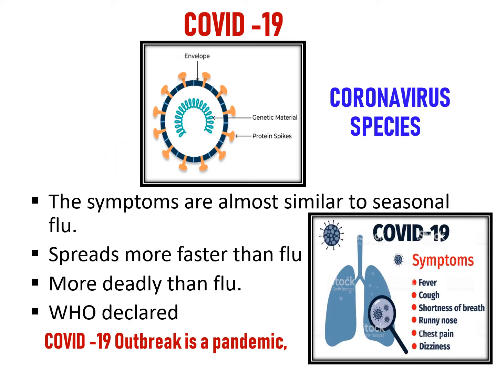This is the typical, simple structure of the coronavirus species, having its envelope, the genetic material present, and the protein spikes here. This is the species which is expected to enter the human body via the mouth, nose, ear, and so on.